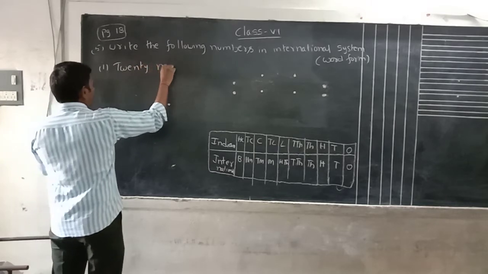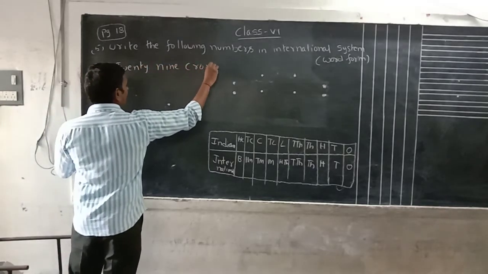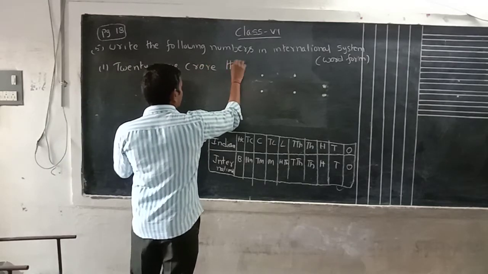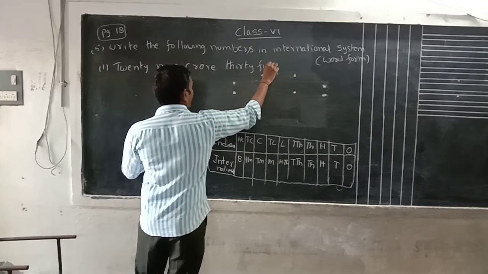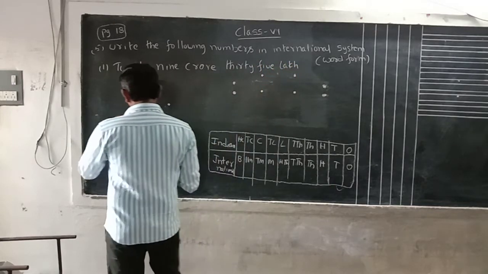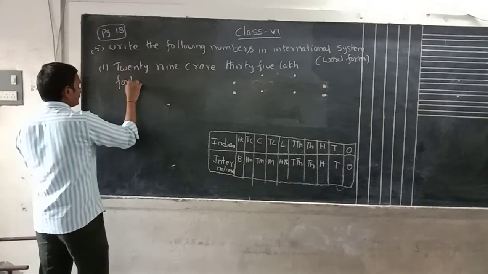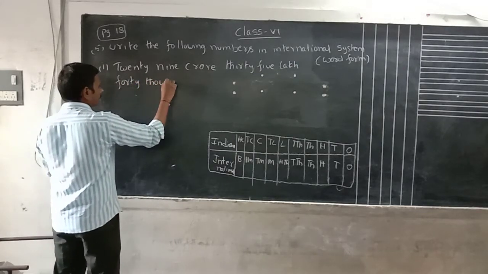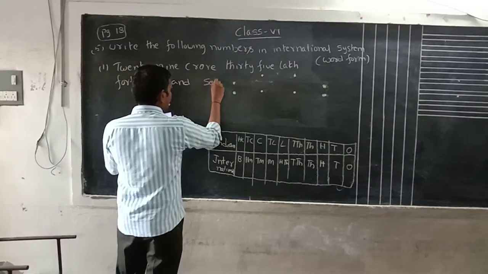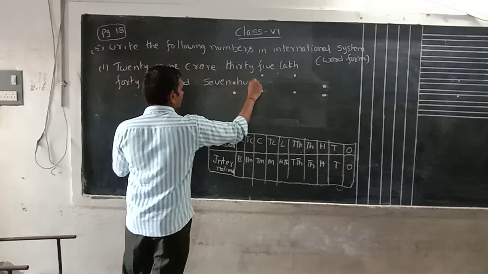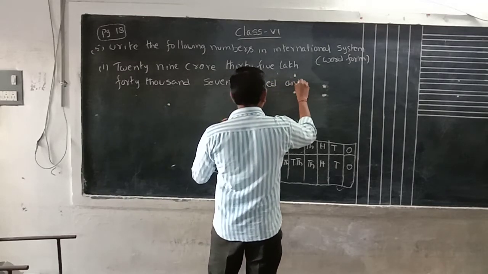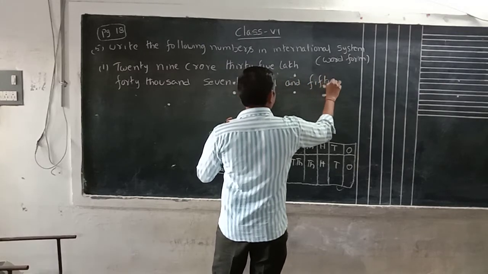What is the question? 29 crores, 35 lakhs, 40,700 and 53.